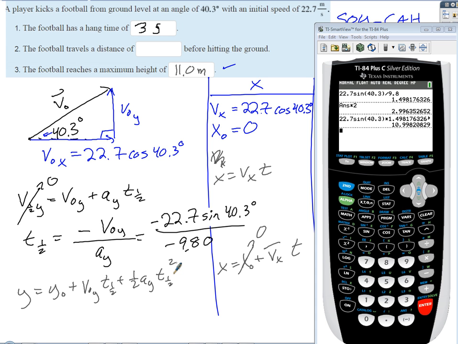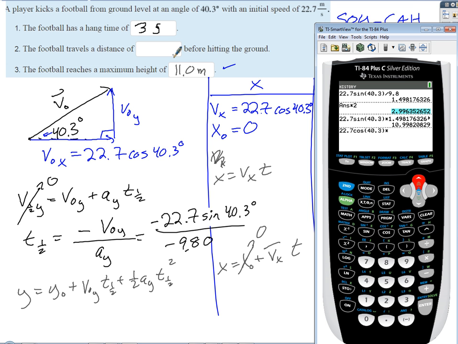Yeah, exactly. Okay, so then for this other part, for solving for x, we just get v sub x, which is 22.7 cosine 40.3, times the full time, which is that one, right? Oh, the full time? Yeah, because now we want to know how far does the football travel?